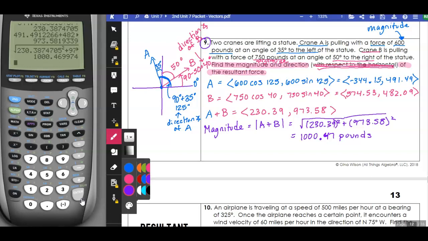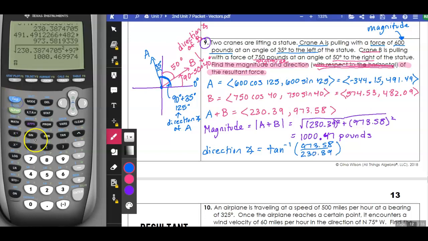Now I need to find my direction angle. How do I do that? Yeah, tangent. Inverse tan of the B value of our resultant force, which is 973.58, over the A value of our resultant force, which is 230.39.